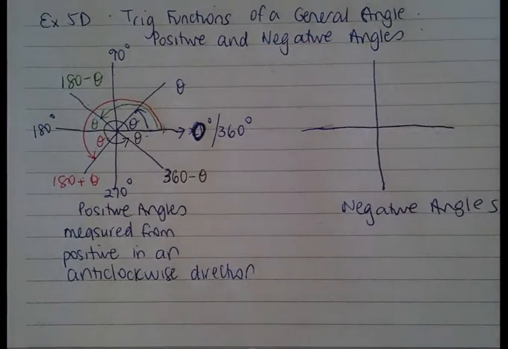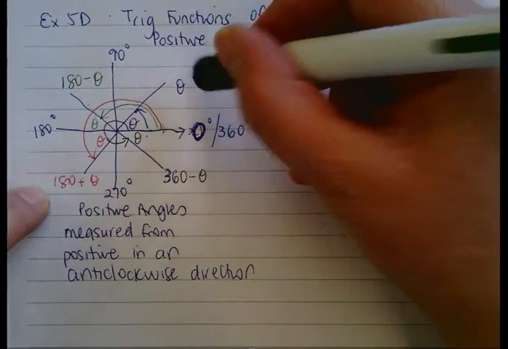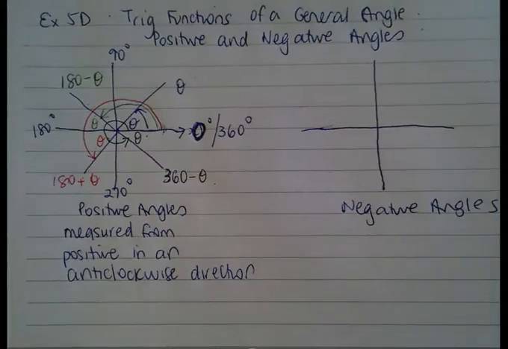Now, the reason we're talking about that is it's really important when you do the negative angles. So we're going to look at the negative angles now. This is what you've got: theta, 180 minus theta, 180 plus theta, 360 minus theta. We're going to look at the same angles now as negative angles.